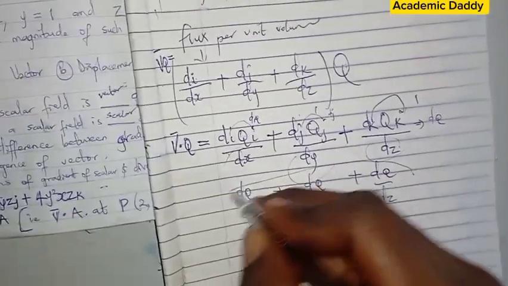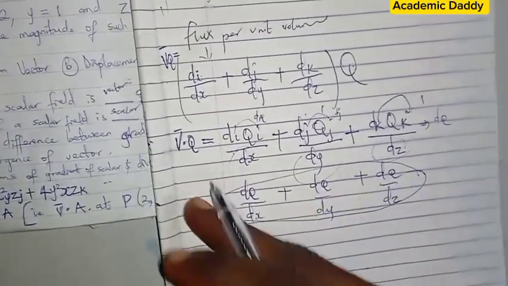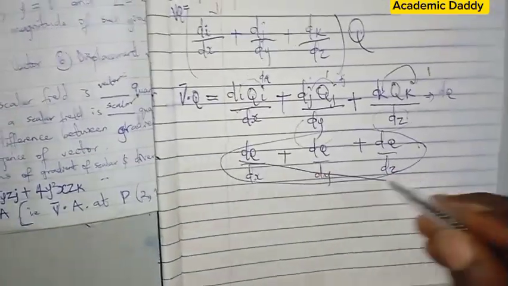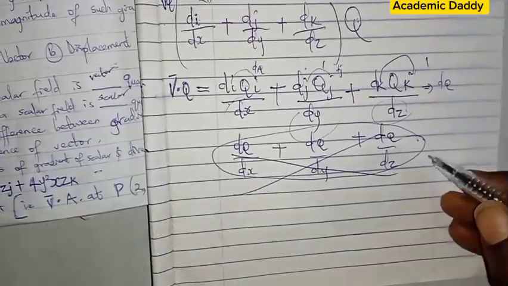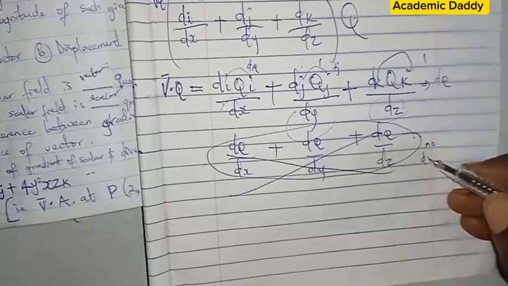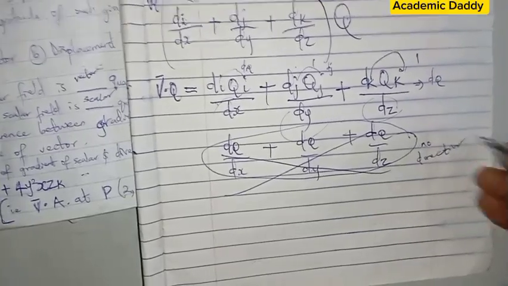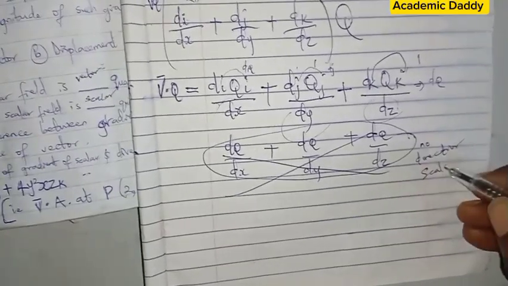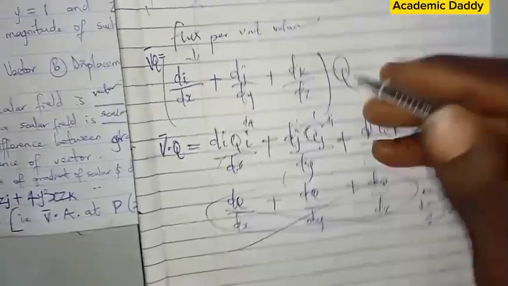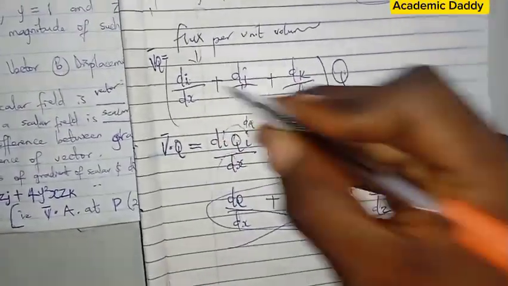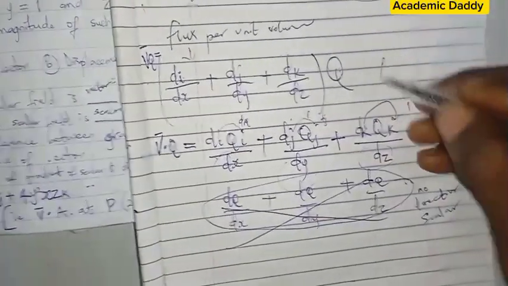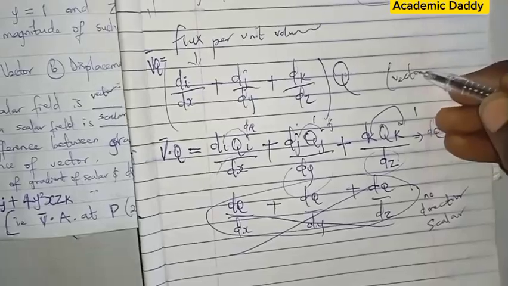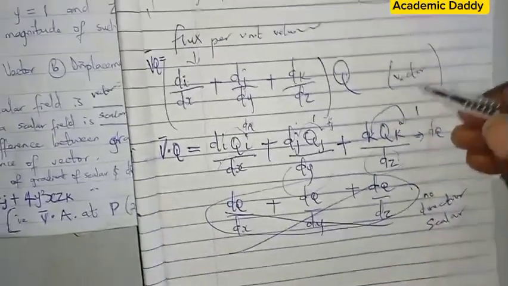Please, this particular one that I'm putting here is simply what you get when you solve it out. This is not a formula, but I'm using it to show you that it has no direction at the end of the day, so that is why we say it's a scalar quantity. But for this one, by the time you do the Qi, the Qj, and the Qk, it has direction, which is why we say it's a vector quantity.